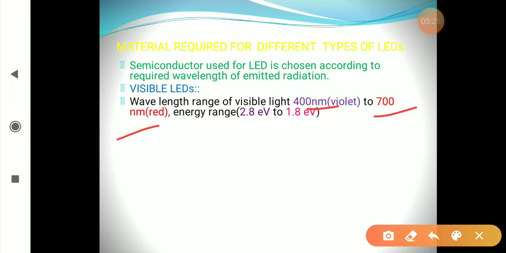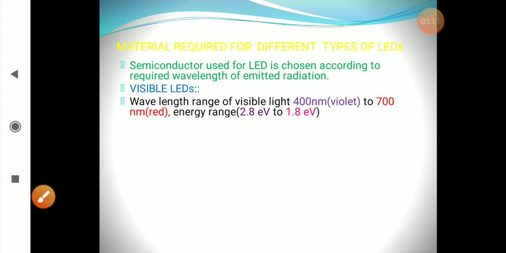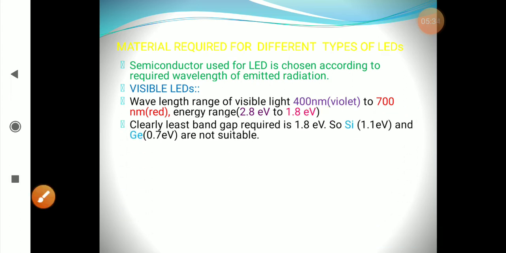The energy range is 2.8 electron volt to 1.8 electron volt. So, it is clear that the least band gap required is 1.8 electron volt. So, silicon with band gap 1.1 electron volt and germanium with band gap 0.7 electron volt are not suitable.